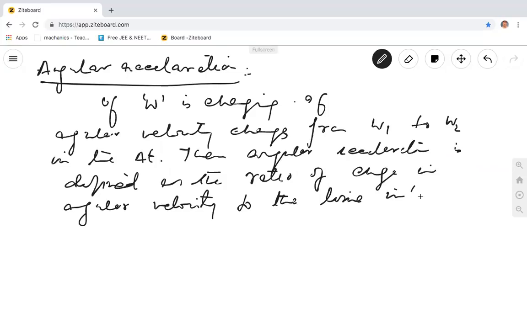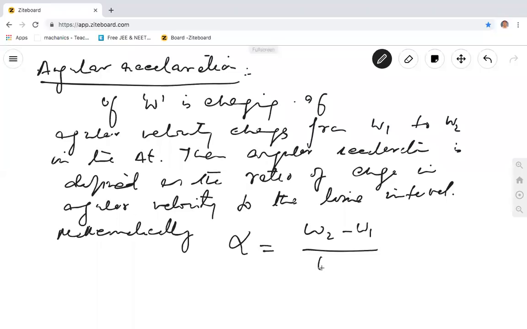So simple. Mathematically, angular acceleration alpha is omega 2 minus omega 1, that is change in angular velocity, divided by time interval t2 minus t1, or delta omega by delta t. Change in angular velocity by time interval.